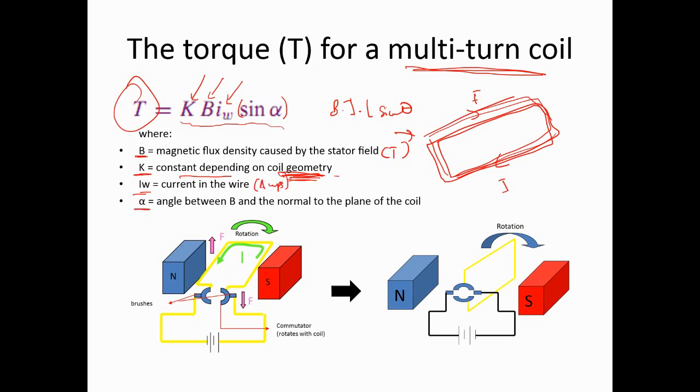And alpha is just like the previous equation. Alpha is just like theta, the angle between the magnetic field and the normal to the plane of the coil. So what is normal to the plane of the coil? Imagine you have a surface coil like this. The normal is the direction perpendicular to that surface of the coil, right? So it's the angle between this direction and the magnetic field.